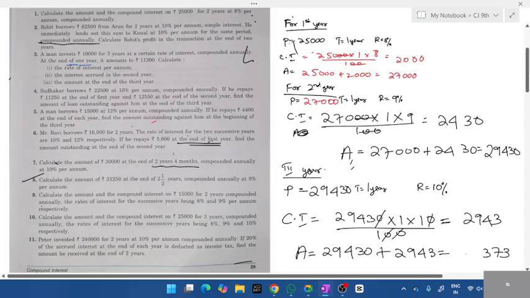Calculate others. What did you get as amount? 42,373.